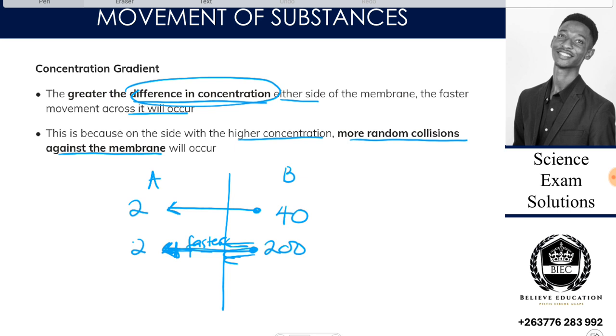And also the increase in temperature, the more the frequency of collisions, because temperature increases kinetic energy. So the collisions made by the molecules on the cell membrane will increase. When they increase, it causes the cell membrane to become more permeable, and then the passing of substances across that membrane, or diffusion, becomes faster.